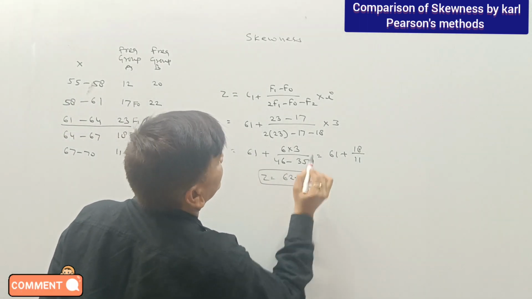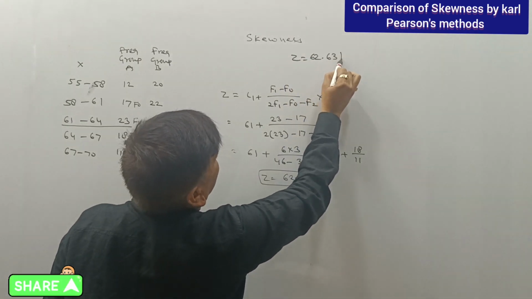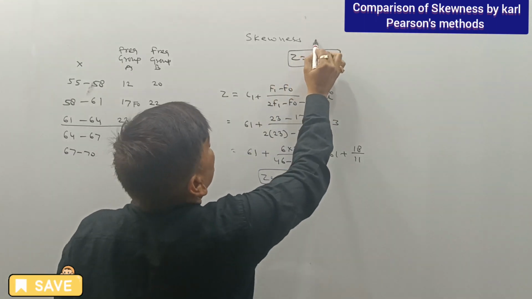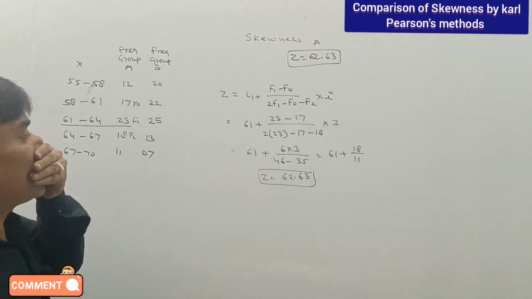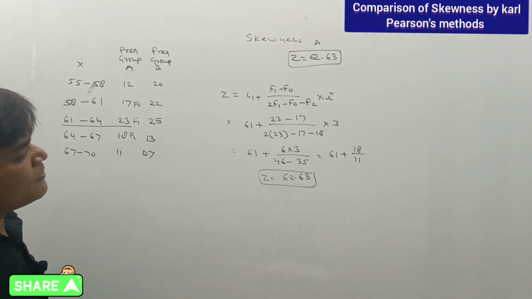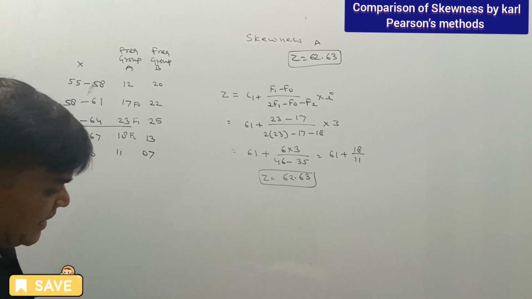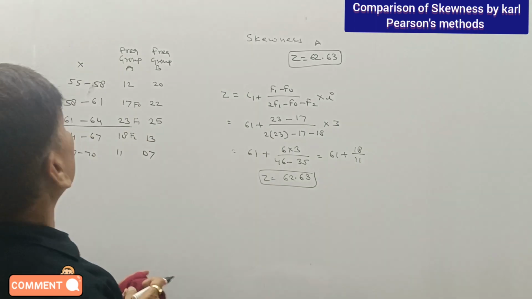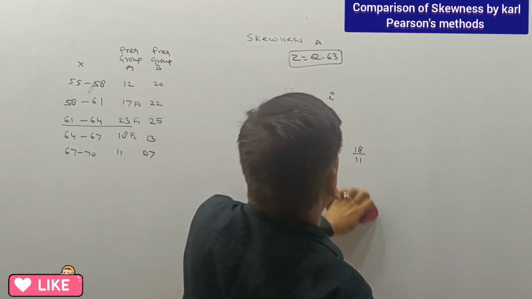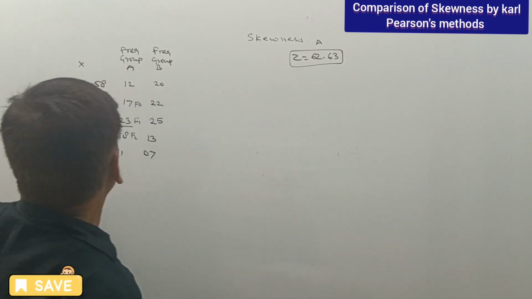That is the first value I have calculated: the mode for group A is 62.63. Now for the skewness we require the value of X bar as well as the standard deviation.